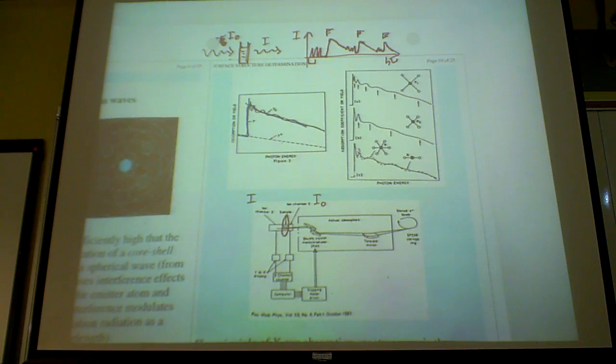Because your instrumentation has to be so good that you can rule out an instrumental effect. Most of the electronics has to be stable to within 1% if you're trying to measure 1%. So that's a very, very difficult experiment.